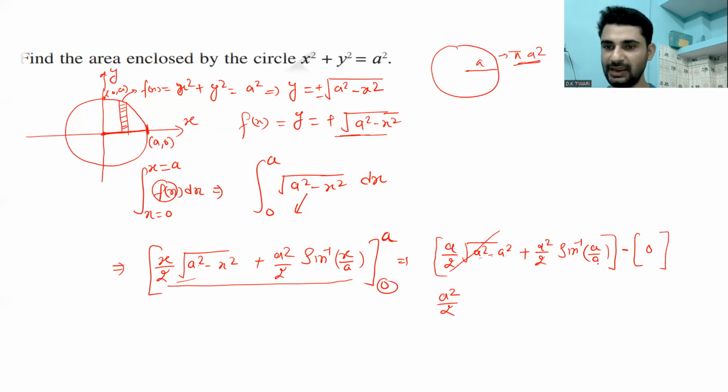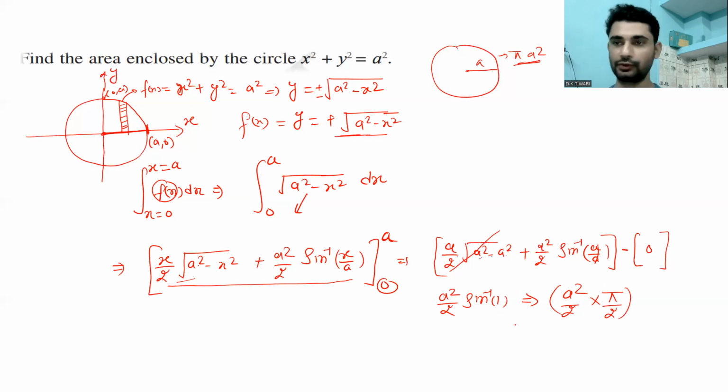Sine inverse a by a cancels out, so it will be sine inverse 1. And we very well know sine inverse 1 is nothing but pi by 2. So it will be a square by 2 into pi by 2. This is the area of one portion.